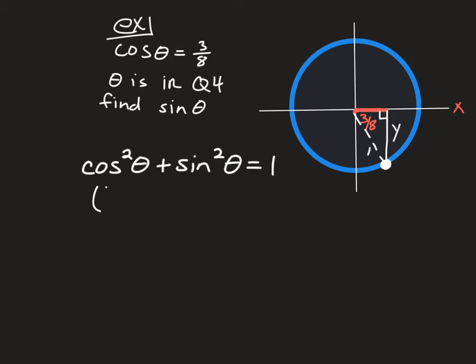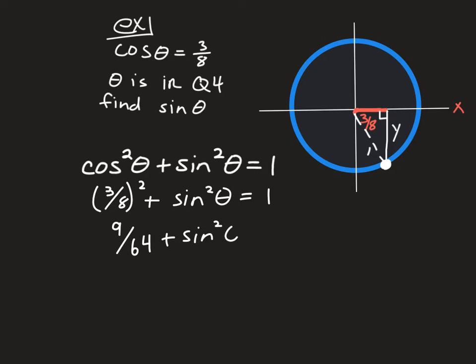So that's going to be (3/8) squared plus sine squared theta equals 1. And again, that's 1 over there because 1 squared is 1. Okay, so (3/8) squared, that's 3 squared is 9, over 8 squared is 64, plus sine squared of theta is equal to 1.